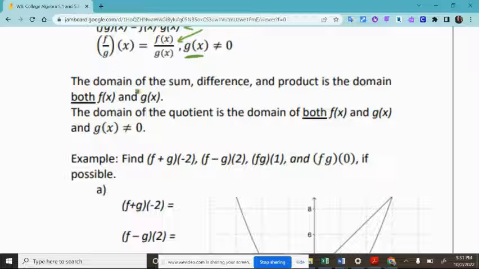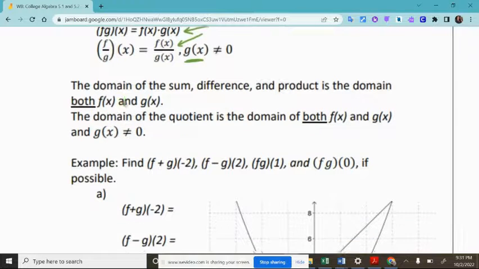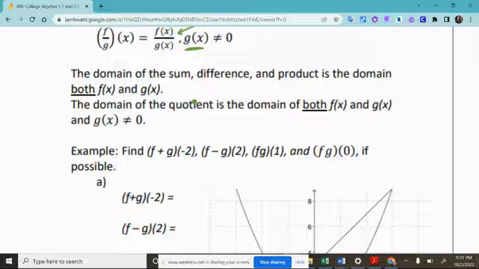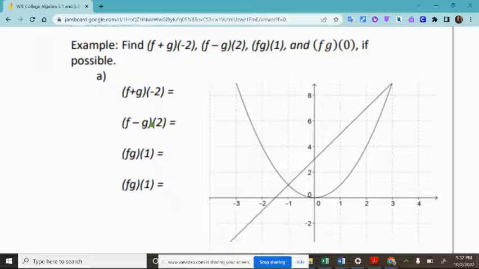The domains of the sum, difference, and product are the domain where both f of x and g of x intersect. The domain of the quotient is the domain of both f and g of x, but it also has the restriction that g of x can't be 0. So if there's some x value that makes g of x equal to 0, then it gets thrown out of the domain, right?